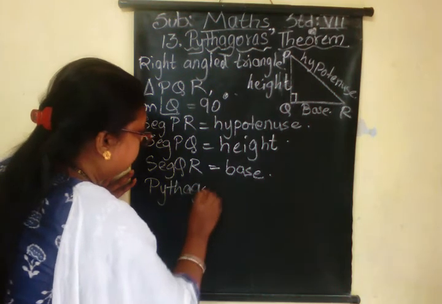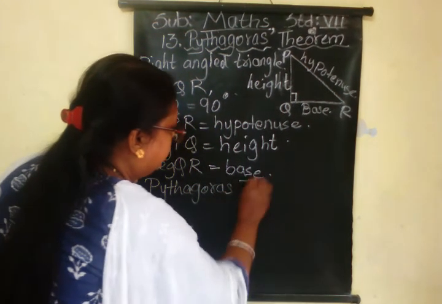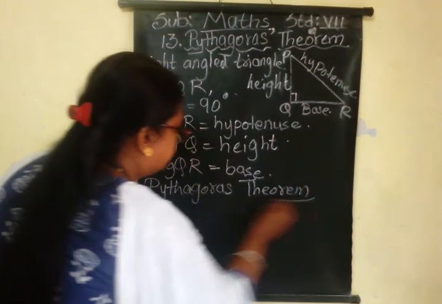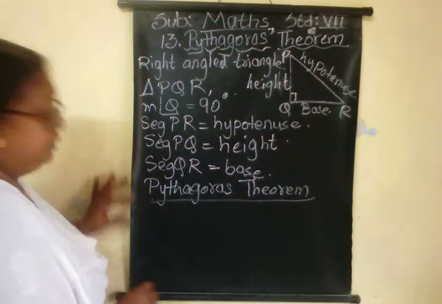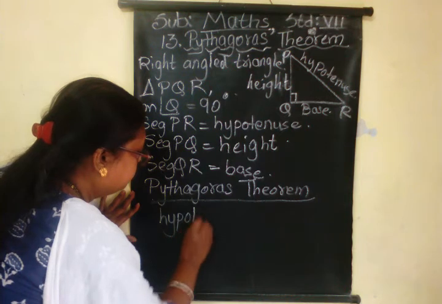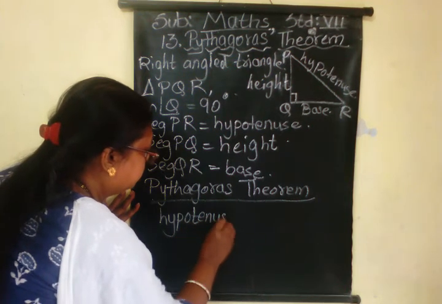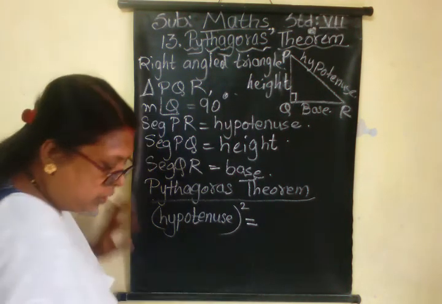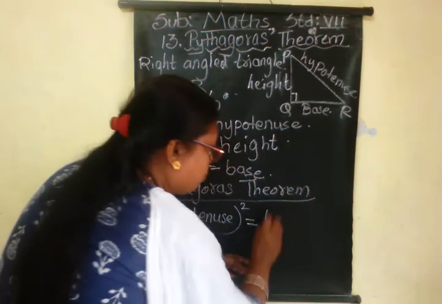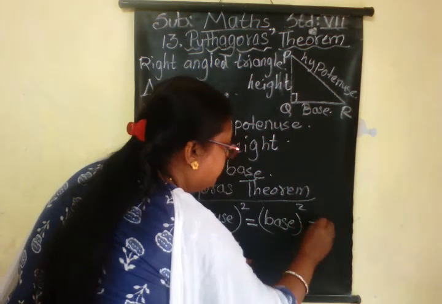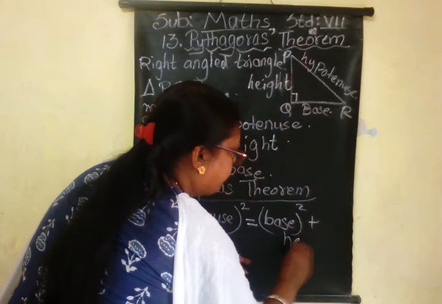Pythagoras theorem says that hypotenuse square is always equal to base square plus height square.